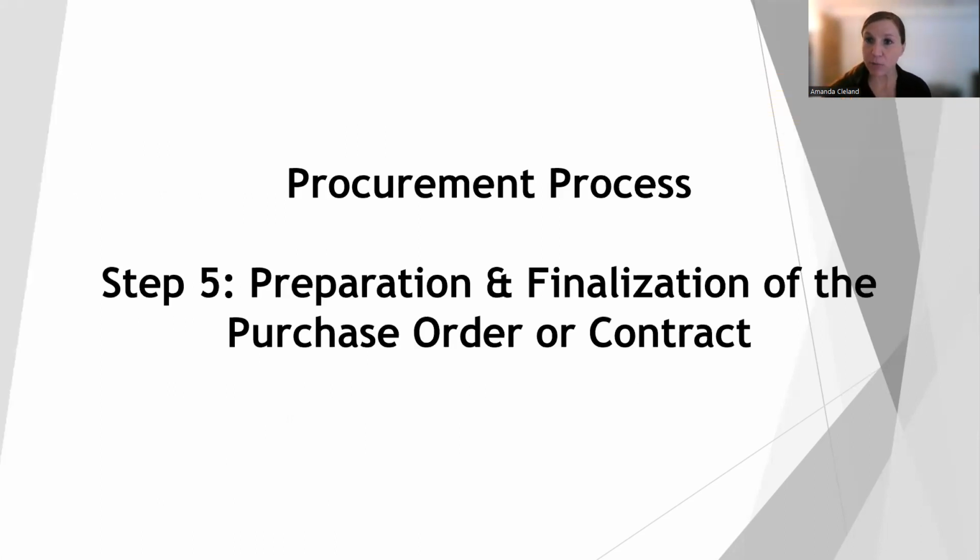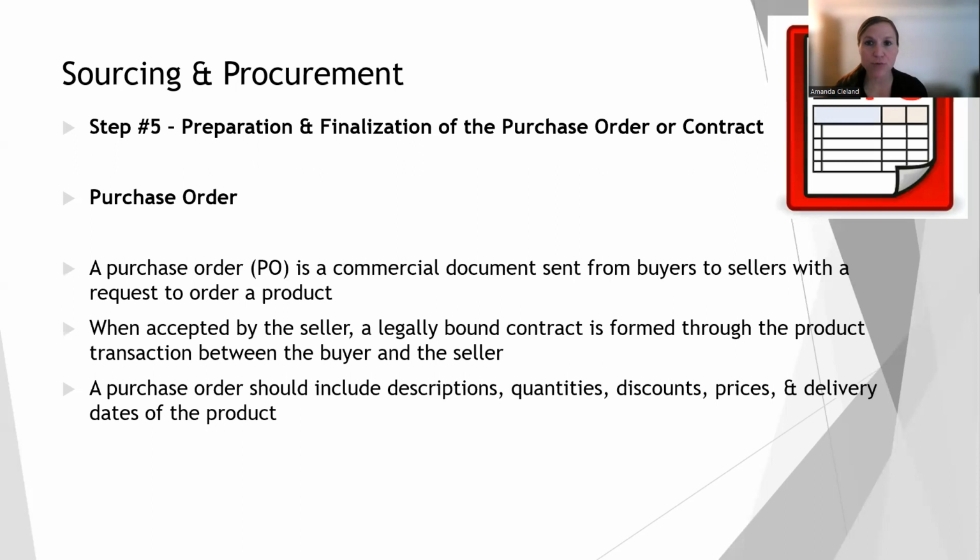Okay, step 5, preparation and finalization of the purchase order or contract. So let's go through some definitions of what is a purchase order and what is a contract. A purchase order, which you'll sometimes hear termed as a PO, is a commercial document that is sent from the buyer to the seller with the request for the product.